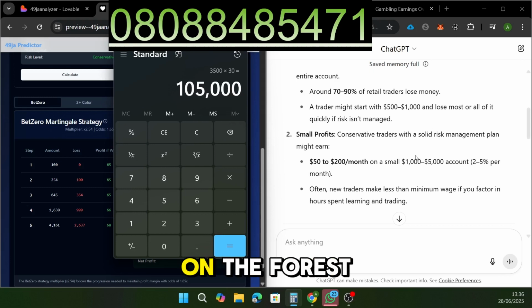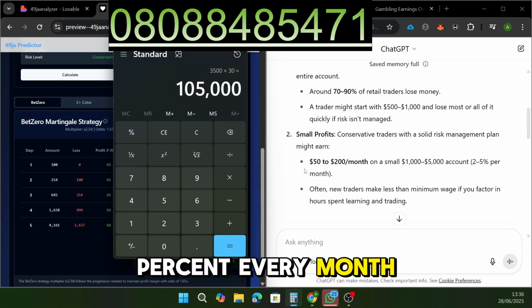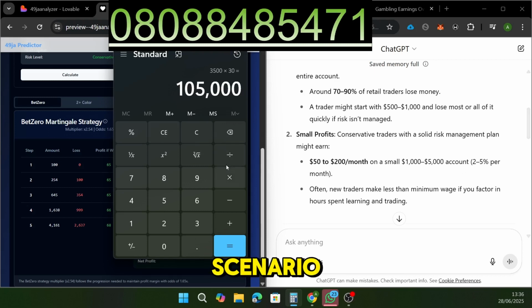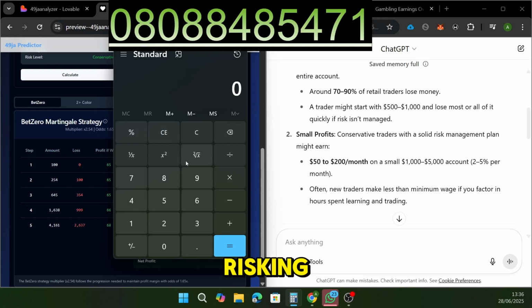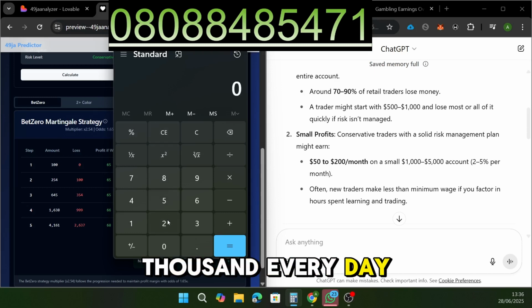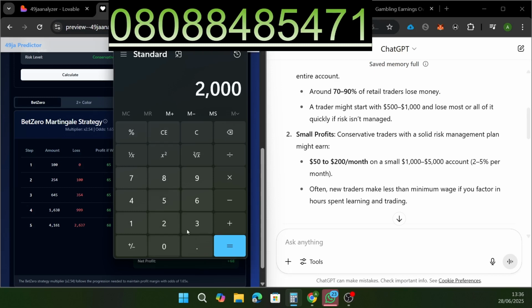And mind you, on the forex part, we have 2 to 5% per month. So okay, let's use this scenario. Let's say we don't want to be making 3,500, which is 50% of the amount we are risking. We want to be making, let me just say, 2,000 every day.